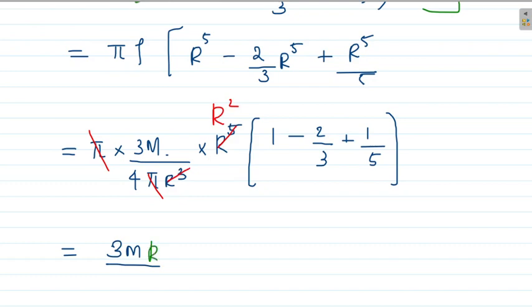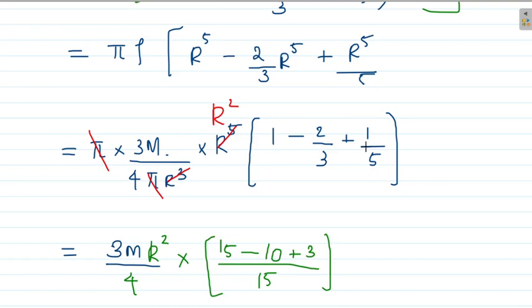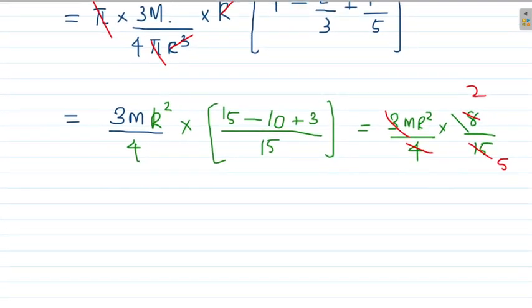So 3m r square divided by 4 into (15 minus 10 plus 3) over 15. Simplifying this fraction, we will get 3m r square by 4 multiplied by 8 by 15. So cancelling out certain terms, 5 and this is 2. We will get 2 by 5 m r square.